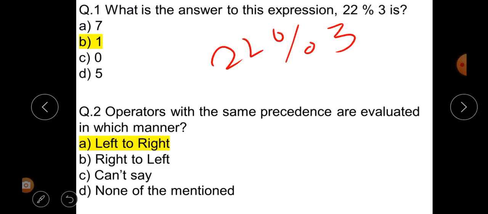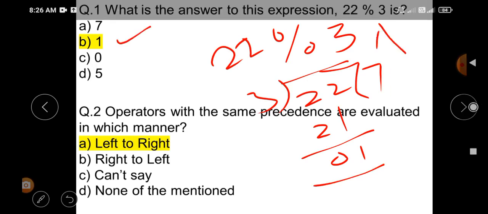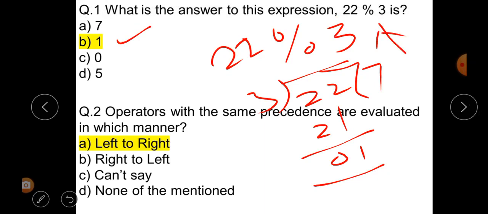When 22 is divided by 3, our remainder is 1. So 1 will be the answer. The correct answer is 1. Now I think it is clear to all of you. Modulo division basically returns the remainder.